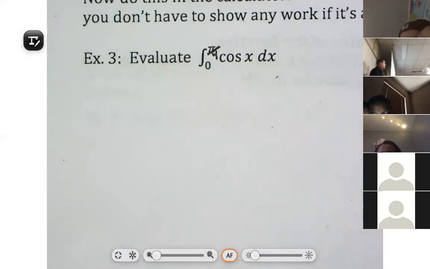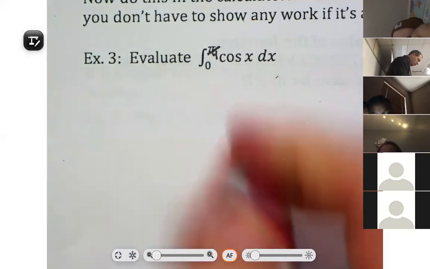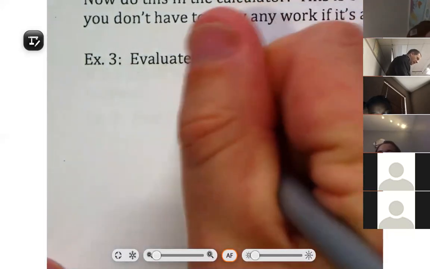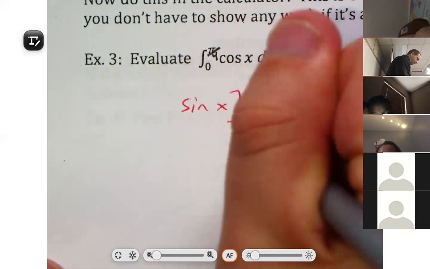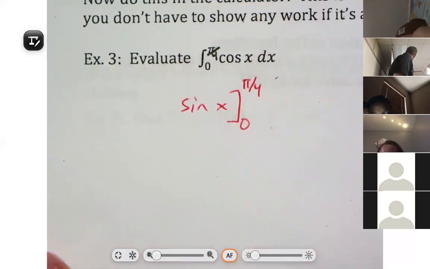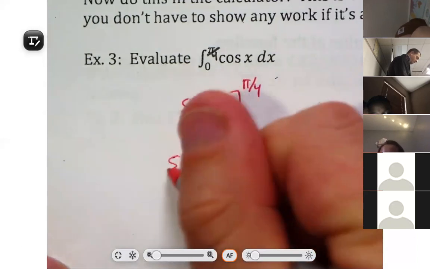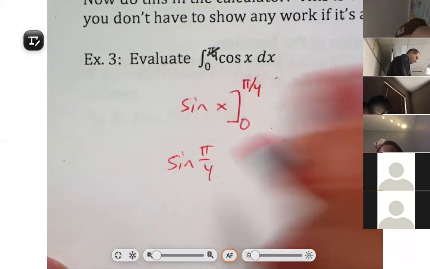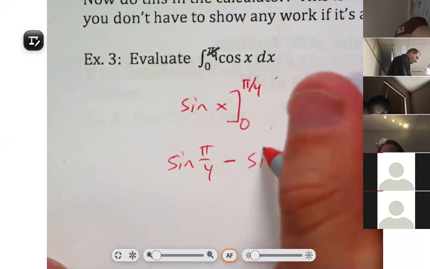So just in your mind, when you're integrating, just know the derivative of sine is cosine. If you have that, then you'll be in good shape. So integrate cosine, we get sine. And then we plug in pi over 4 and plug in 0.